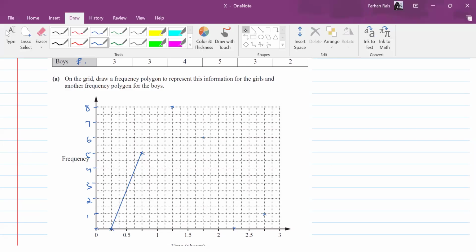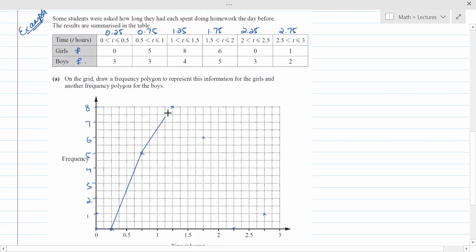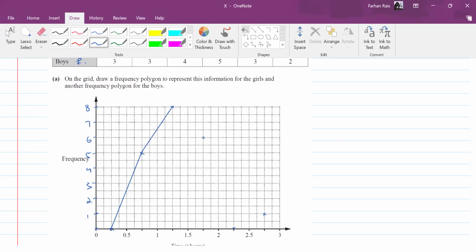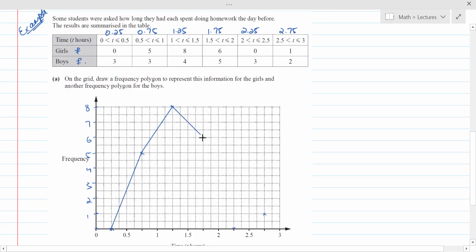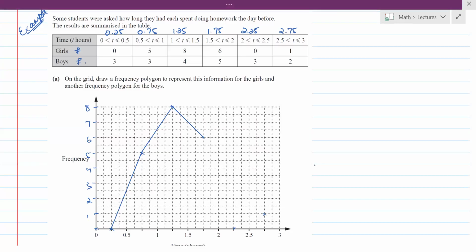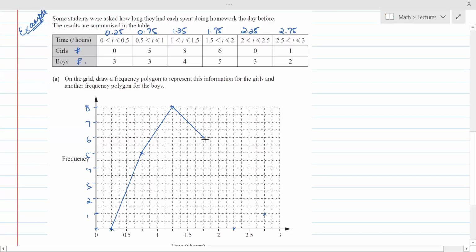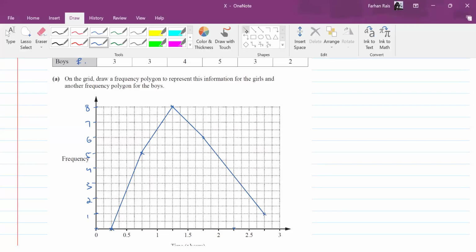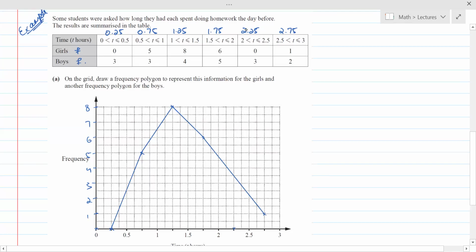First line. Second line. Third line. Fourth line, and as discussed earlier, we'll now join these points to the upper limit and the lower limit of the first and the last class.